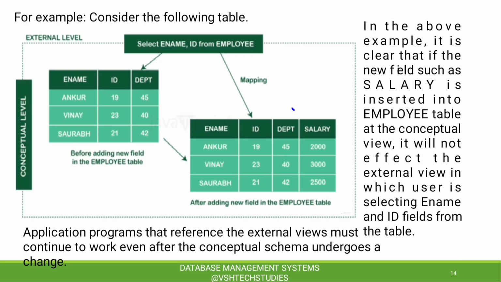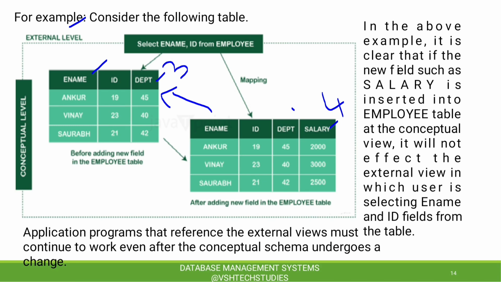For example, consider the following table. It has three columns: ename, id and dept. Now one more column is added to this table. So instead of 3 it now has 4 columns. This will not affect the user view.